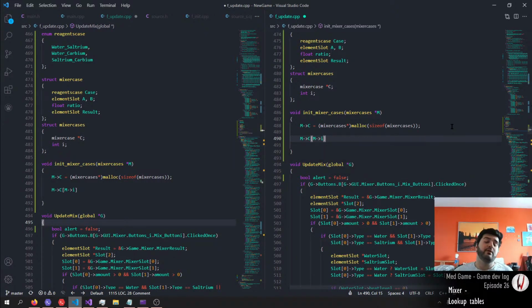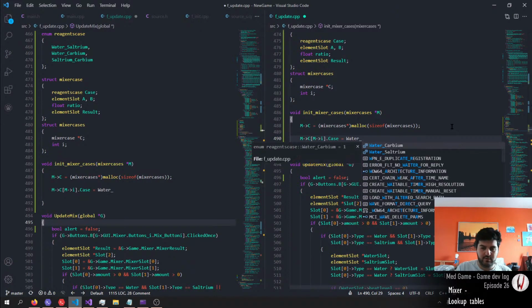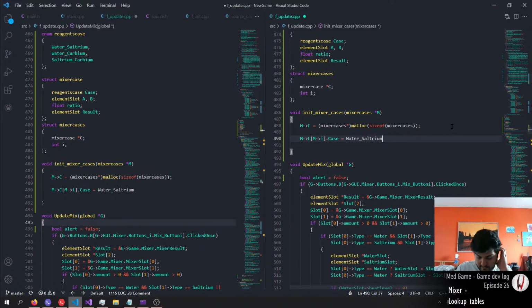Okay, so here, dot case equals water sultrium.